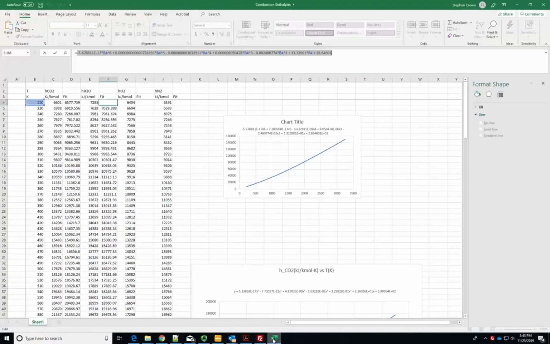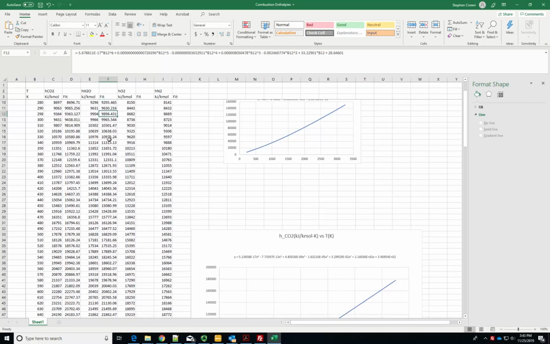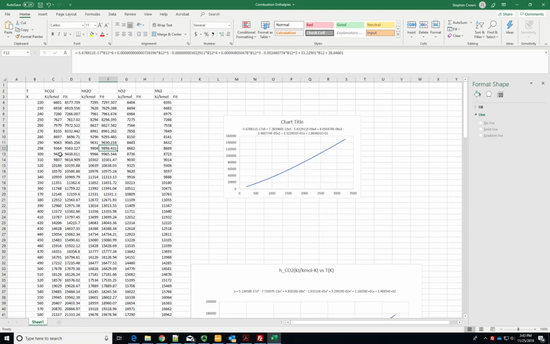So if I go back to my equation here, and for my H2O, at 298, I can either use the fit or this value, 9904. I'm just going to use this value here, 98.431.